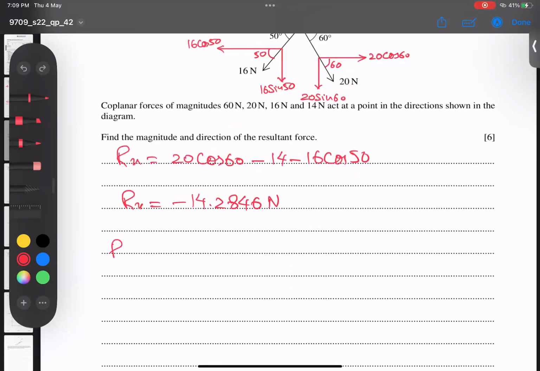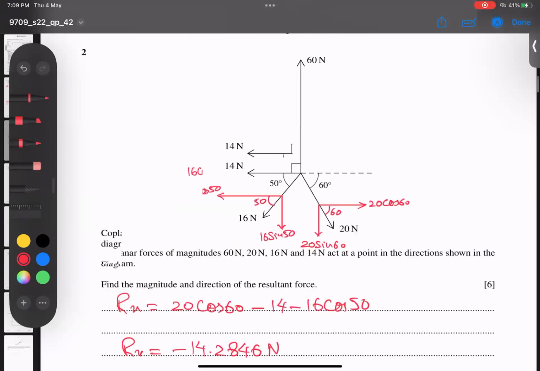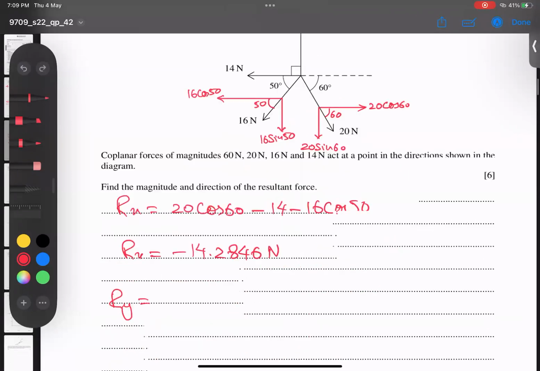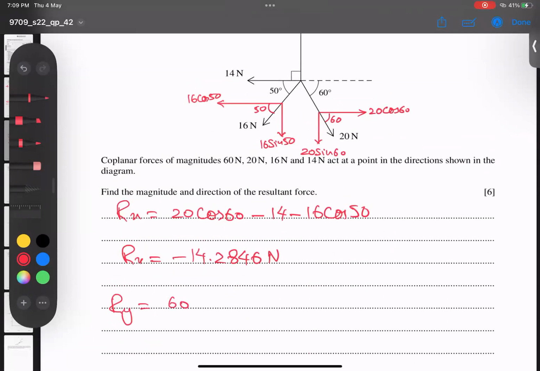Now I'm going for the Ry component. When you talk about Ry components, start with this one, upwards is positive, and these two forces are negative. So 60 minus 16 sin 50 minus 20 sin 60. I hope this part is clear.